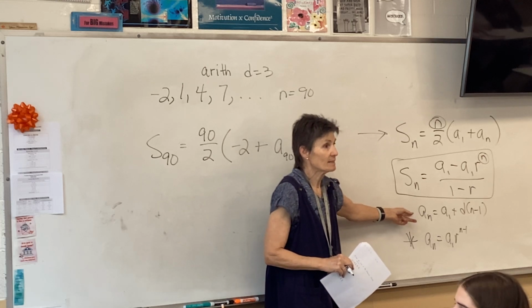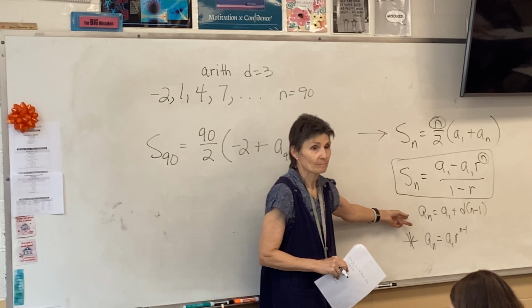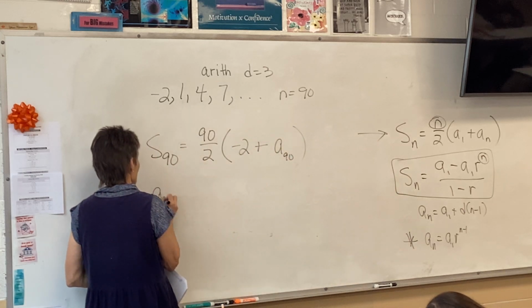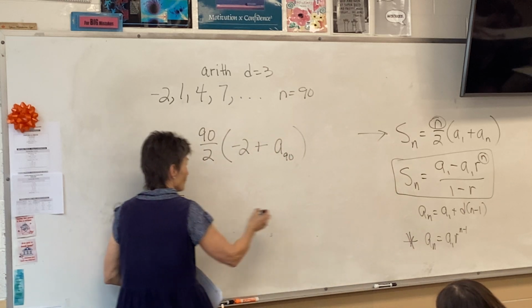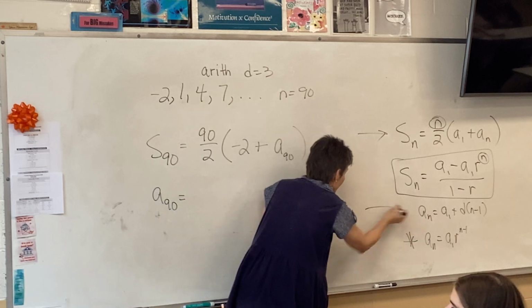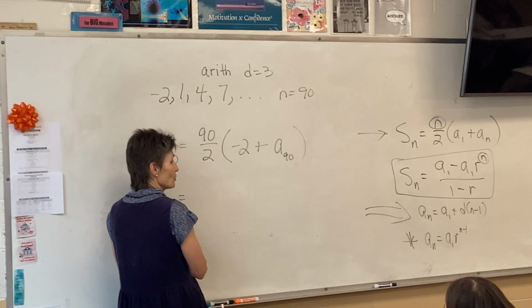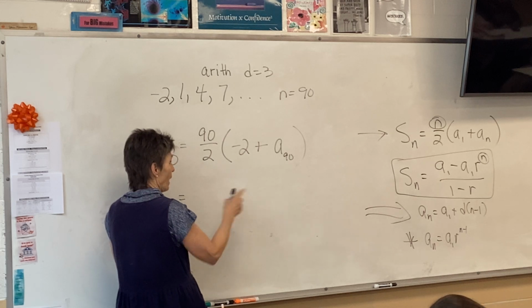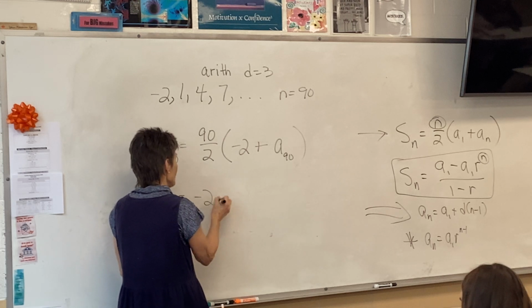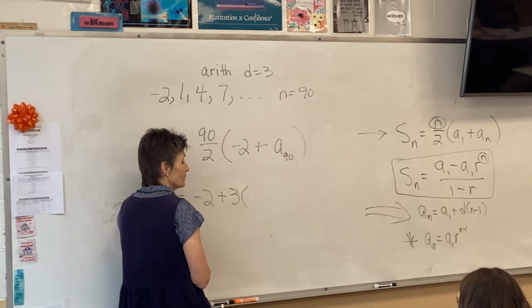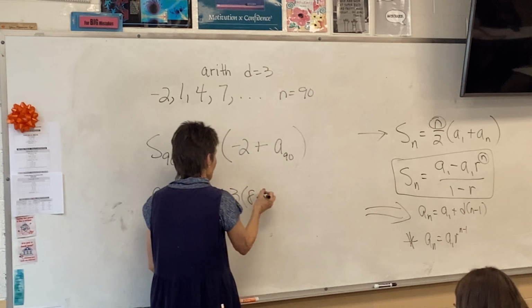Won't this tell me the 90th term? So over to the side, the 90th term, we're using this one now, I'm running out of symbols, would be what? -2 plus 3 times 89, beautiful.